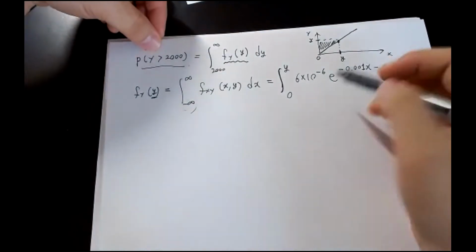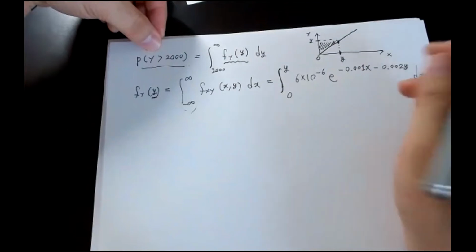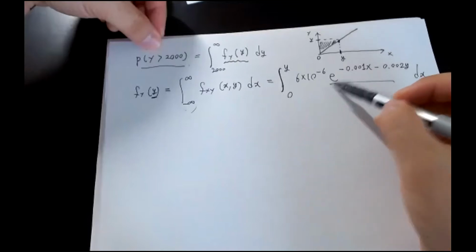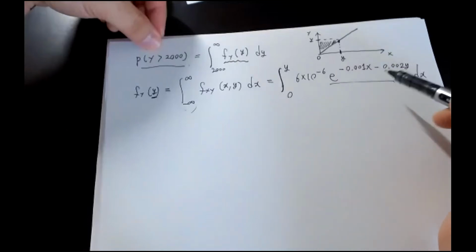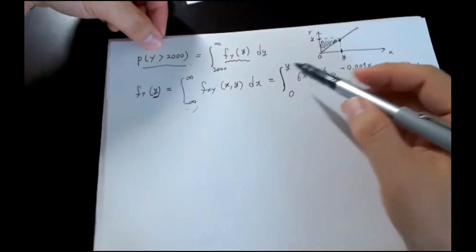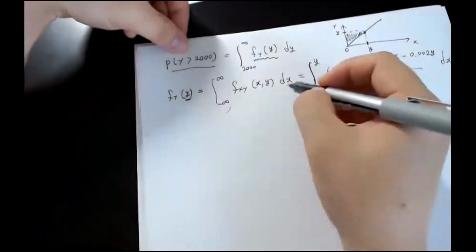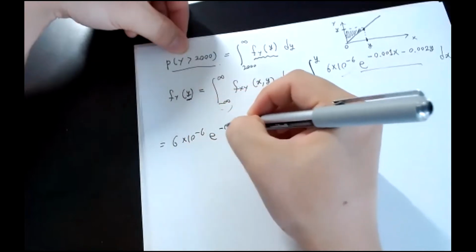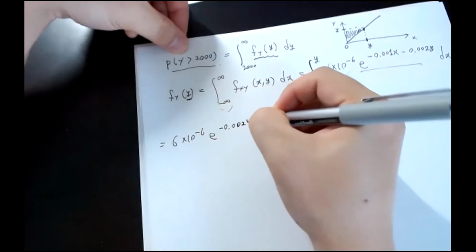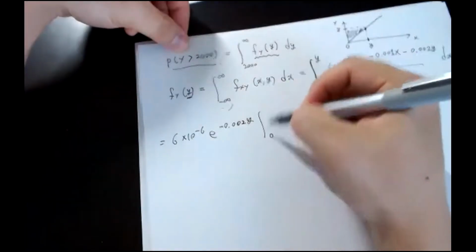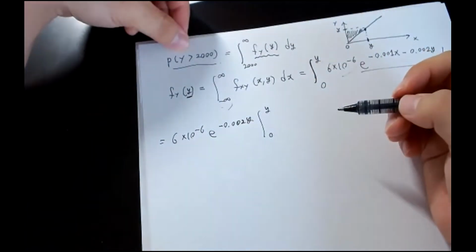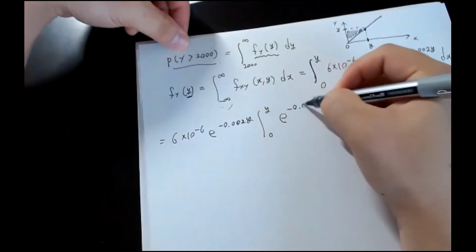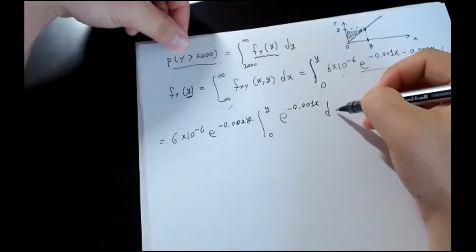Since this is an integral with respect to x, once we break up the exponential term into two terms, the e to the minus 0.002y can be considered a constant, right? And then we bring it out. So this is equal to 6 times 10 to the negative 6 times e to the minus 0.002y, and the integral from 0 to y of e to the minus 0.001x dx.